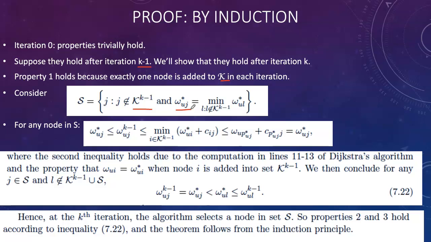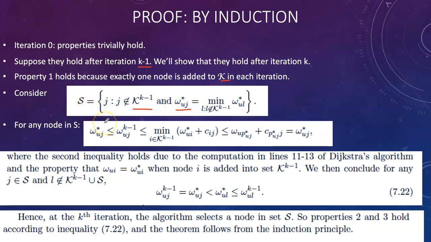That is, the set S is the set of nodes that have the smallest true minimum cost among those that are not in kappa k minus 1. Now, we may not know which these nodes are, but suppose this is the set of nodes.